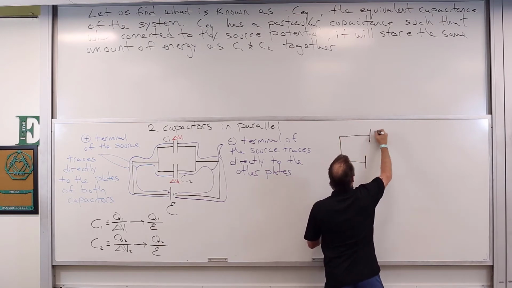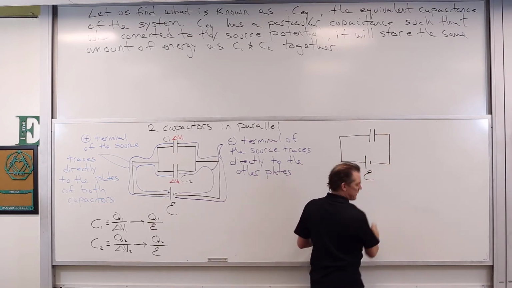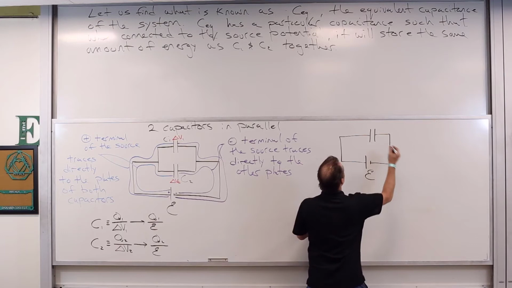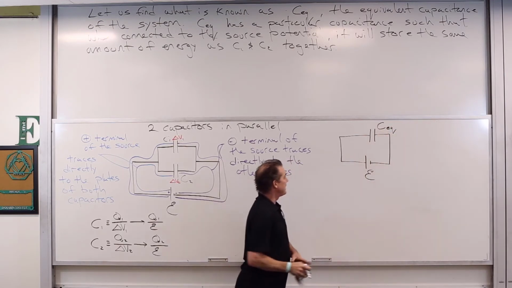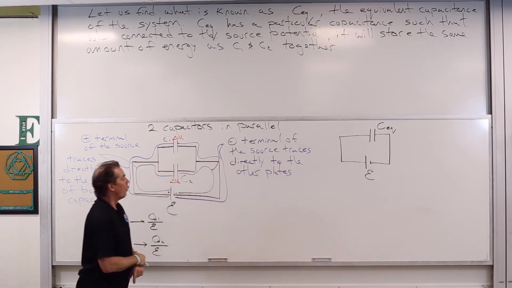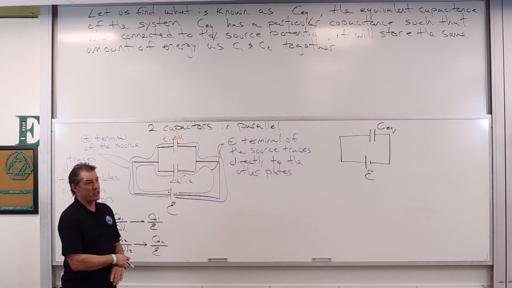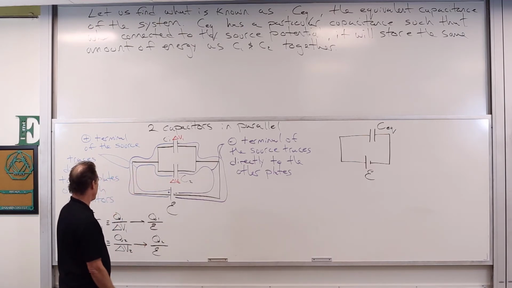Source potential, singular capacitor, like this. Source potential, and then the capacitance of this capacitor is CEQ. All right. So we say that we want it to store the same energy. We want it to do the same thing that this network does.